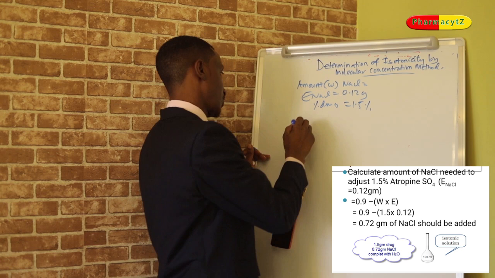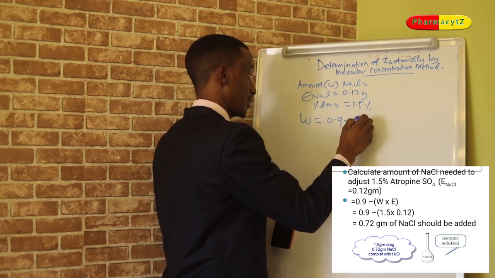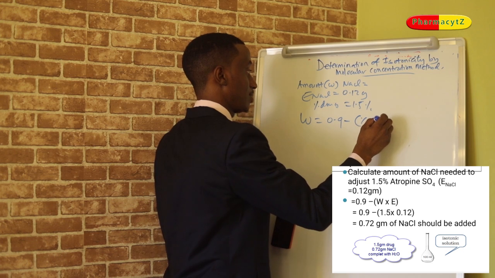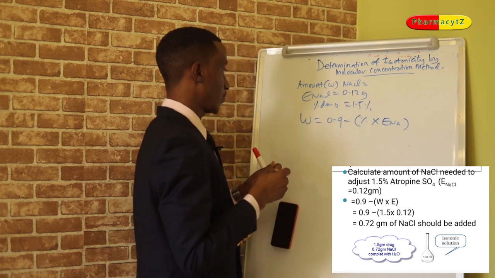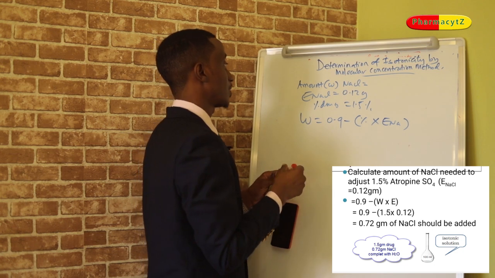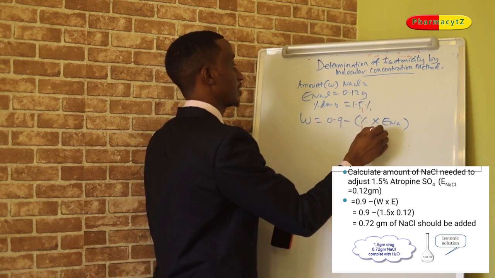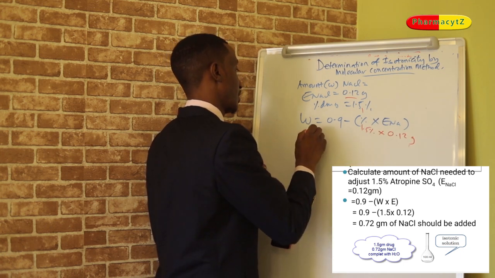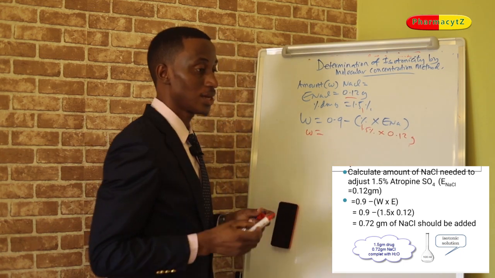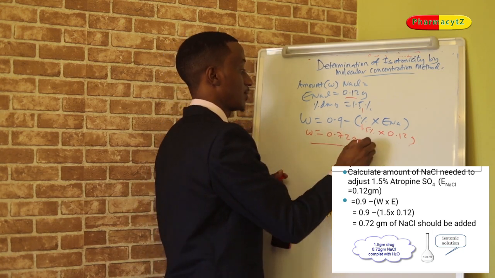How do you do it? Use the last formula. W is equal to 0.9 minus drug percent times sodium chloride equivalent. So this is 0.9 minus the drug percent, which is 1.5%, times its equivalent, 0.12 gram. Then W, the actual amount of sodium chloride, is 0.72 grams.